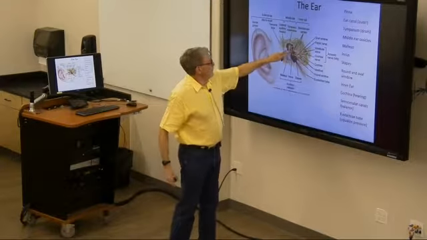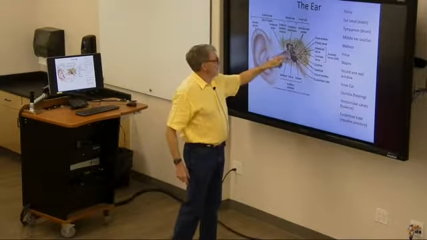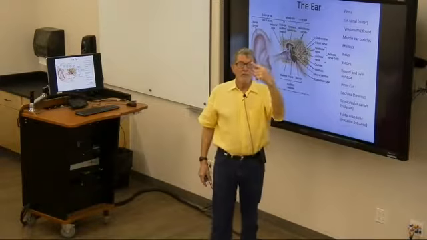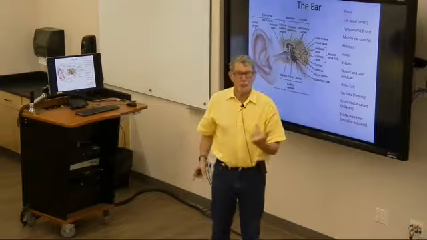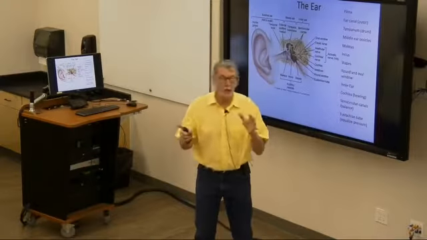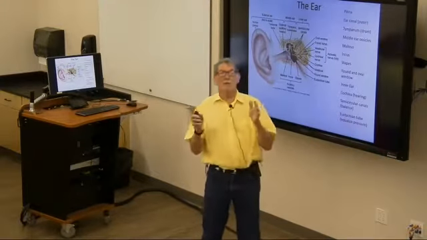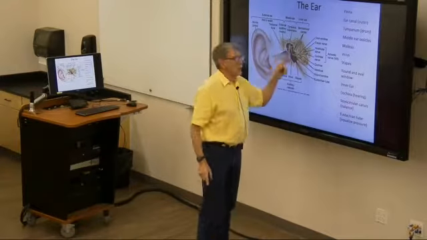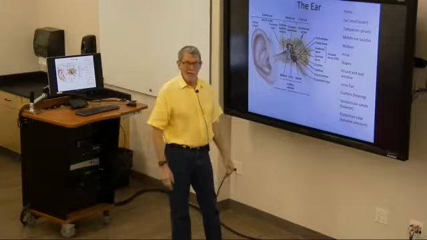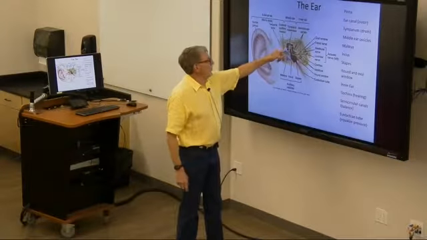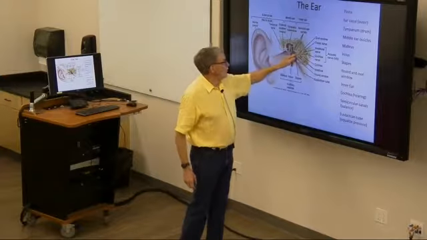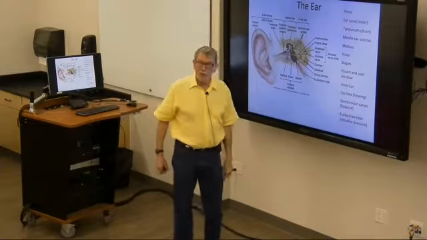The vestibular mechanism is the three semicircular canals, one in the frontal plane, the sagittal plane, and the transverse plane, so you can tell if you're leaning front, back, side, spinning. This is for equilibrium or your vestibular mechanism. It will take those signals, convert them into action potentials, and send them up the vestibular nerve.